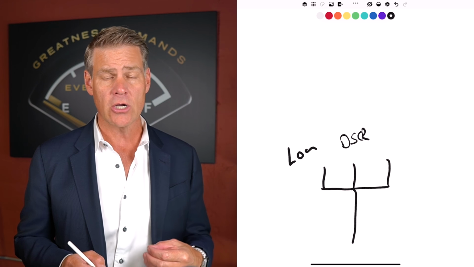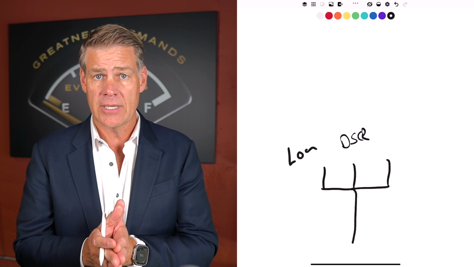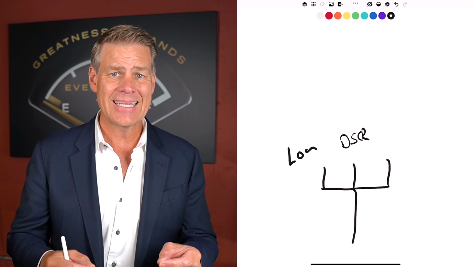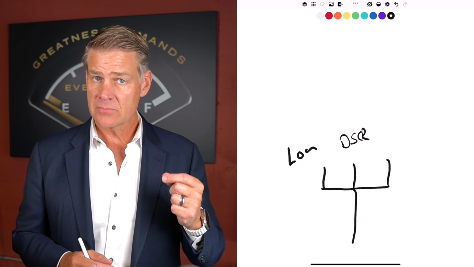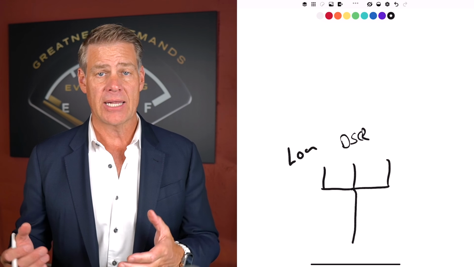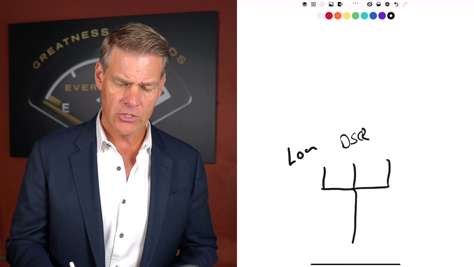A DSCR loan is a loan where you may have to give a personal guarantee, but you're going to be allowed to acquire the property in the entity itself. That is a great type of loan to get because it really simplifies the planning process on which approach we're going to take. And the third leg we have here is you're buying for cash.